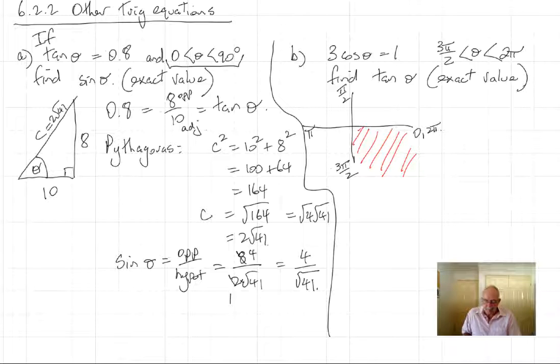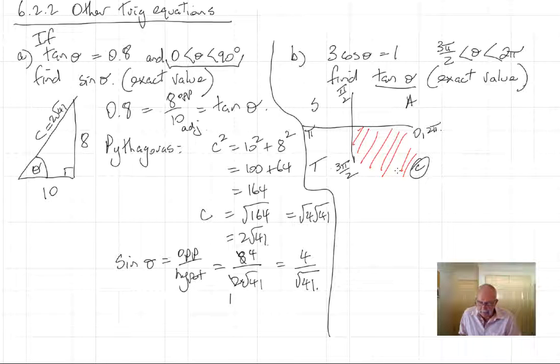Now if we're after tan of theta, we know that the only one that is positive here is cos, C-A-S-T. So cos is the only one positive, so tan is going to be negative in this quadrant. So we're expecting a negative answer.